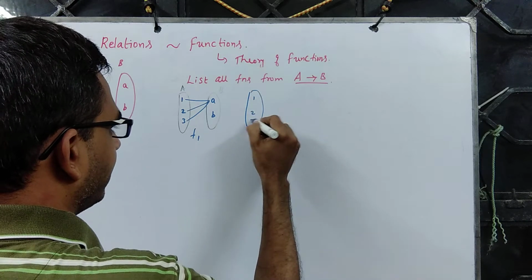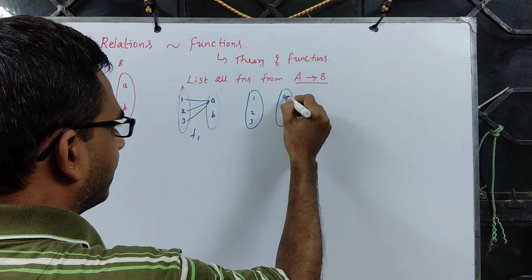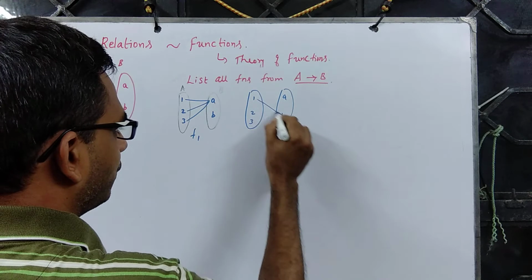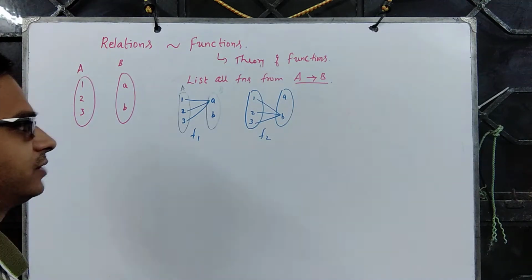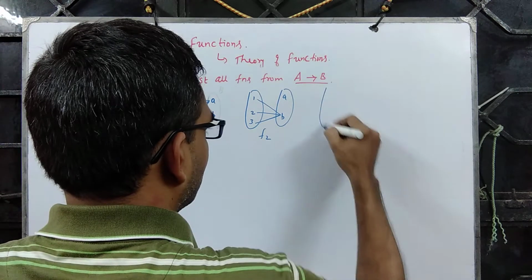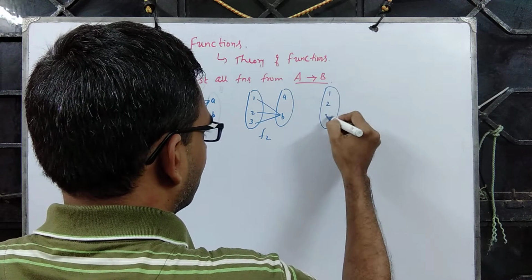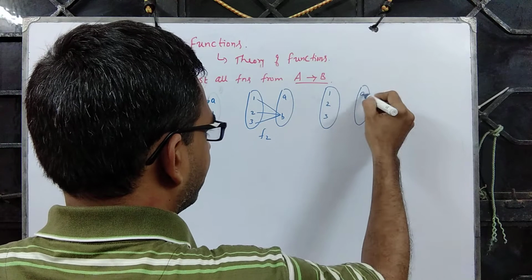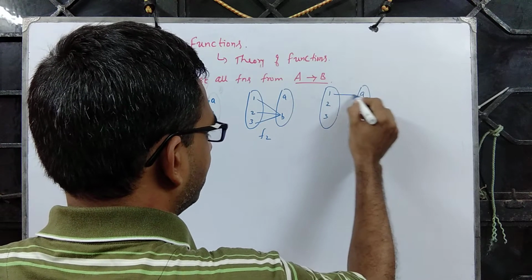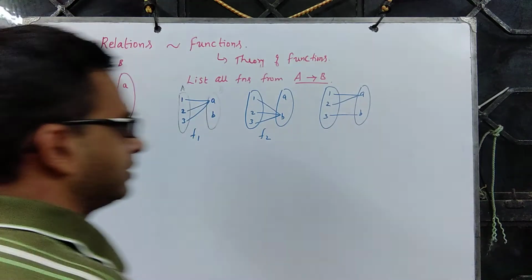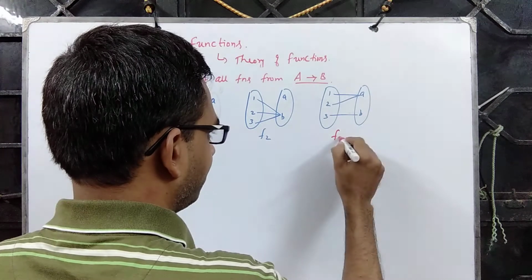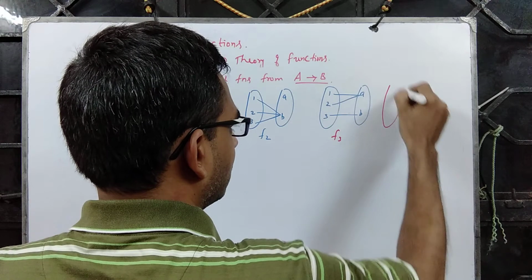This can be, B can be mapped to all of this. This is the second function. Or you see that A is mapped to 1, 2 and this is the case. So this is an example of a function.